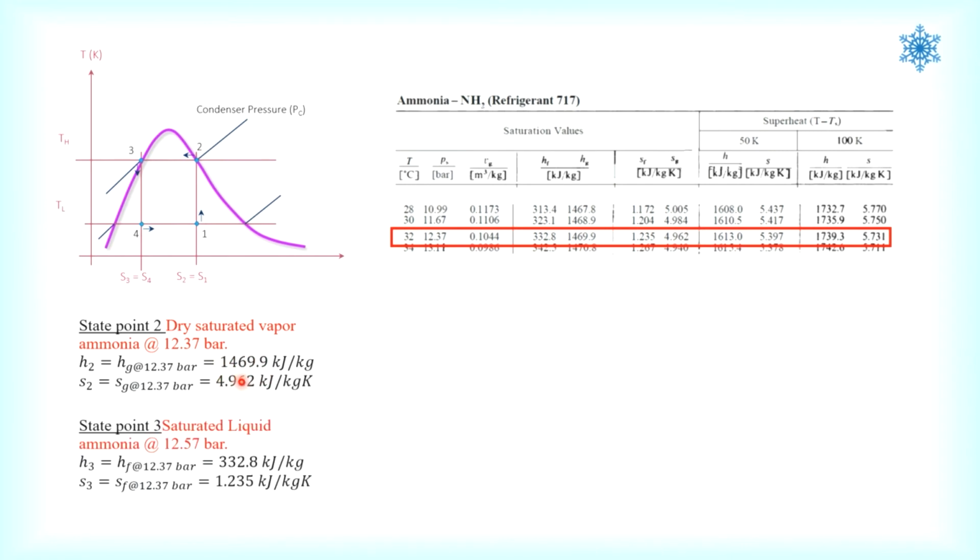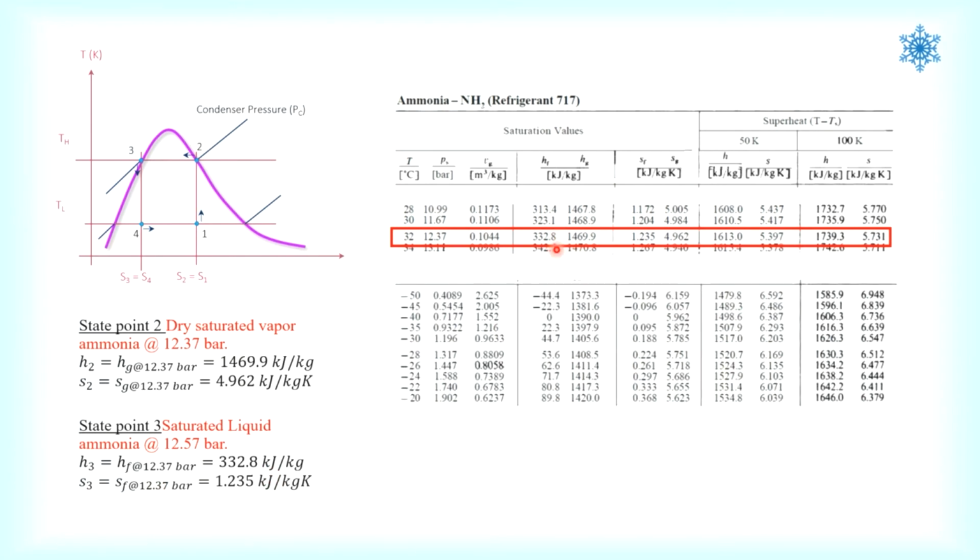Then for saturated liquid at state point 3, which is also at 12.37 bar, you have 12.37 bar here, Sf is 1.235. We don't refer to this yet. This is based on 1.902 bar. We are not looking for the dryness fraction at both of these points, so we straight away make use of these entropies to find out the QH and the QL.